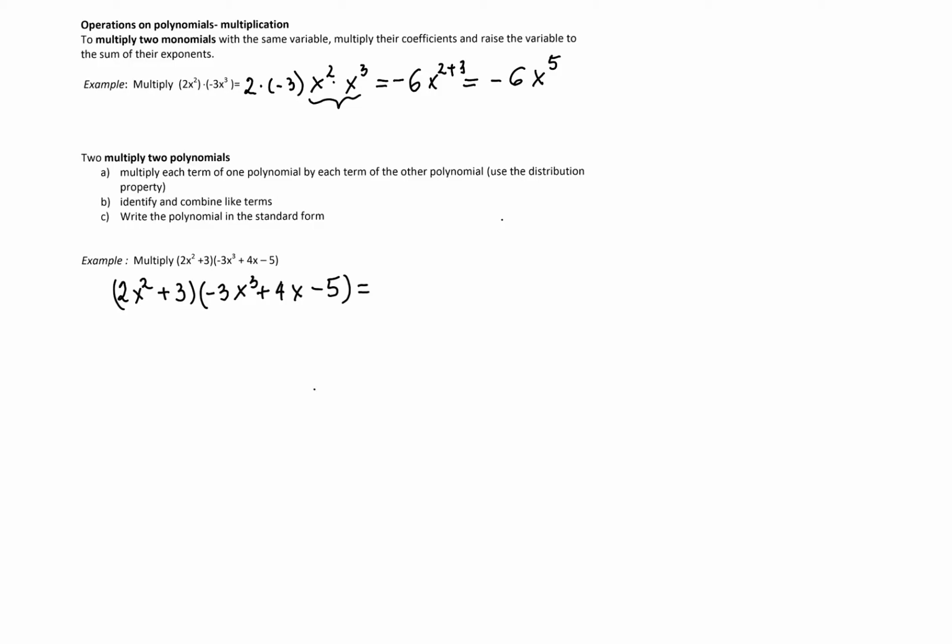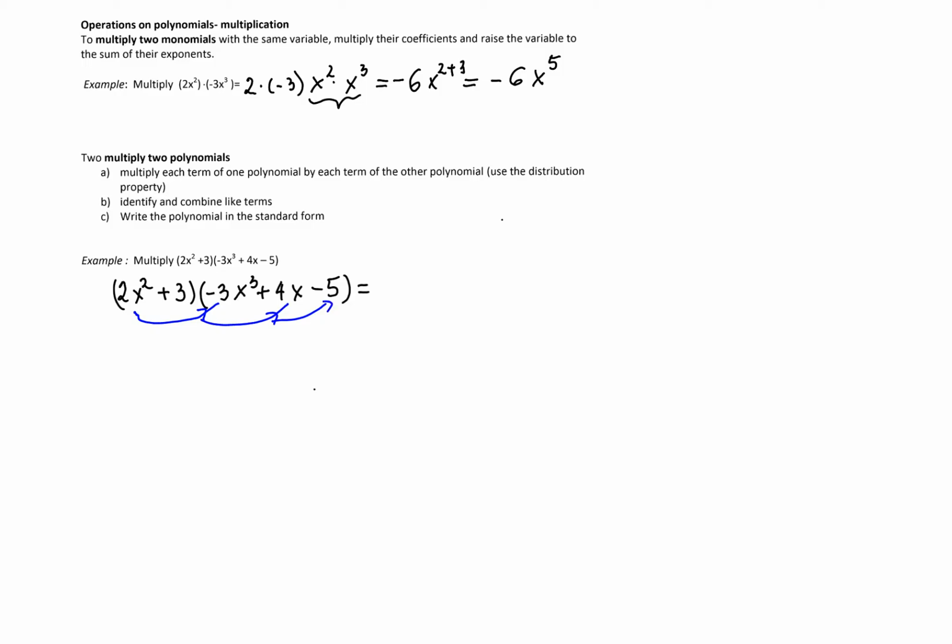If we now want to multiply two polynomials, we'll have to use the distributive property repeatedly. But what it amounts to is that we'll have to take each term of one polynomial and multiply by each term of the other polynomial. So we'll take 2x squared, the first term in the first polynomial, and multiply by each term of the other polynomial.